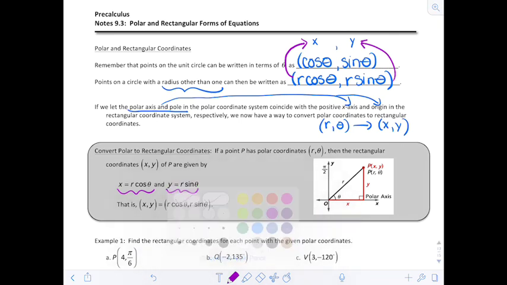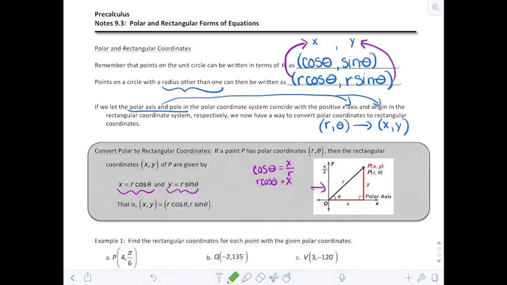If you're kind of fuzzy on that, take a look at that diagram, which we've looked at many, many times. If we look at theta, we could say the cosine of theta is equal to adjacent over hypotenuse, so that's x over r. If we solve for x, that is r cos theta.